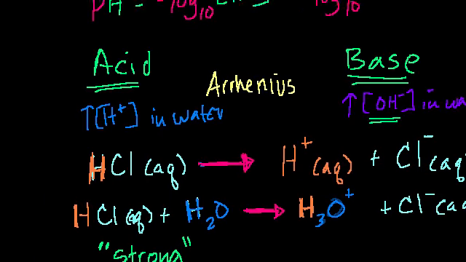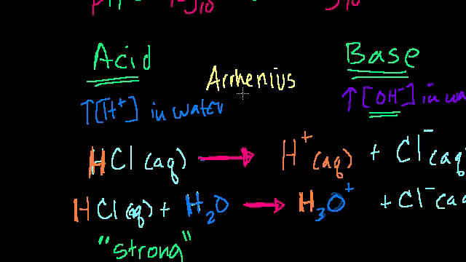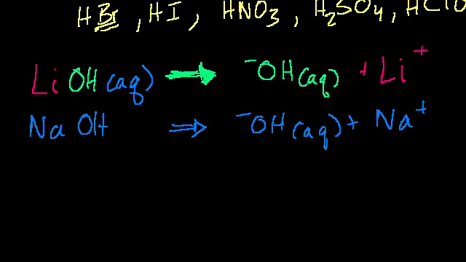Now, everything I've done so far is the Arrhenius definition, where an acid increases your hydrogen concentration, a base increases your hydroxide concentration. That is what you're going to see 90% of the time, but there's a slightly broader definition out there, and that is the Bronsted-Lowry acid or base.